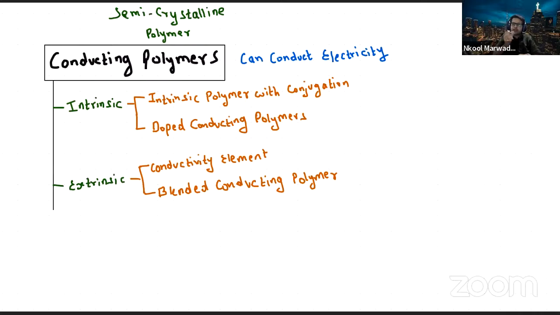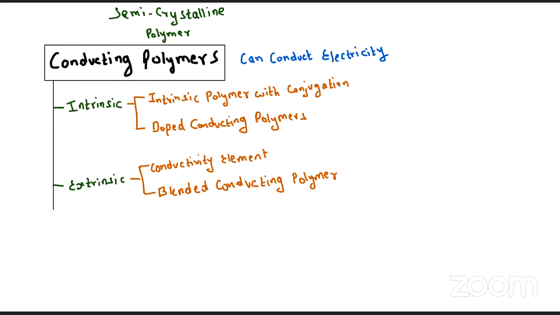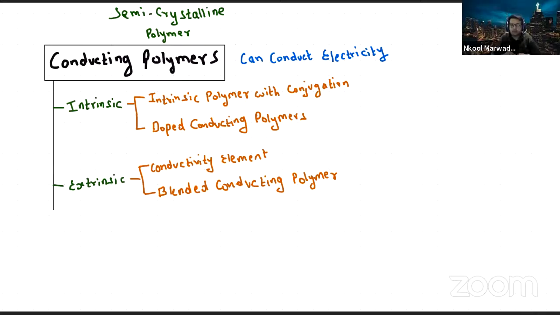We can tweak something within the existing molecule itself. That is intrinsic. We can undergo this conjugation. What is this conjugation, we will discuss in detail.